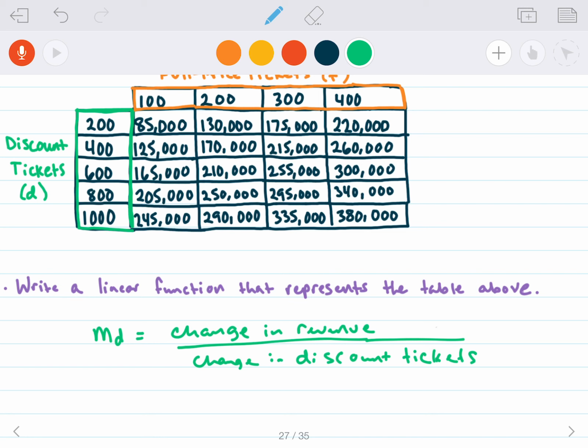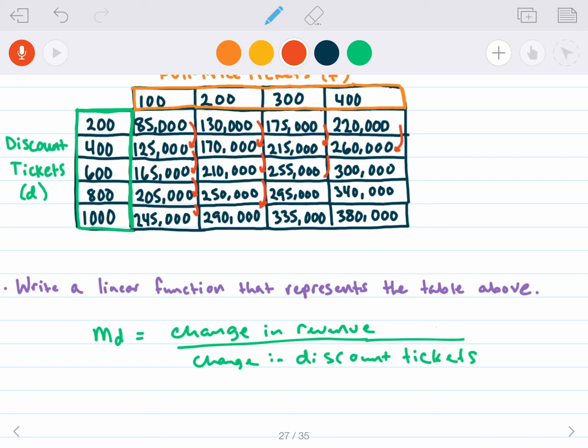So what we can see along the columns is that these values are changing by a uniform amount, right? They're changing by, looks like 40,000, right? So they're increasing by 40,000 as we go along the columns. And that goes for these columns as well, and these columns and these columns. We're increasing by 40,000 each time we move down the column.